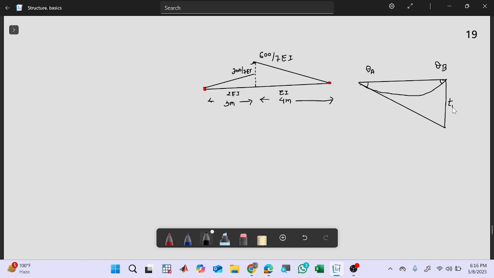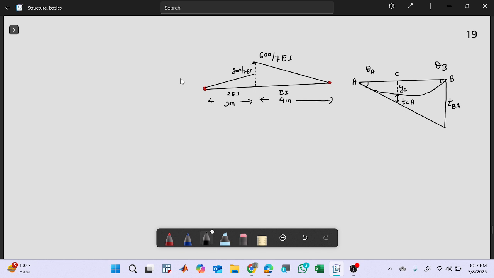We are drawing the projection from B and the tangent from A. This is my point A, this is my point B, and I will mark point C also. Let's say C was here, so this lower portion is T, C and A, and this is my deflection YC at point C.